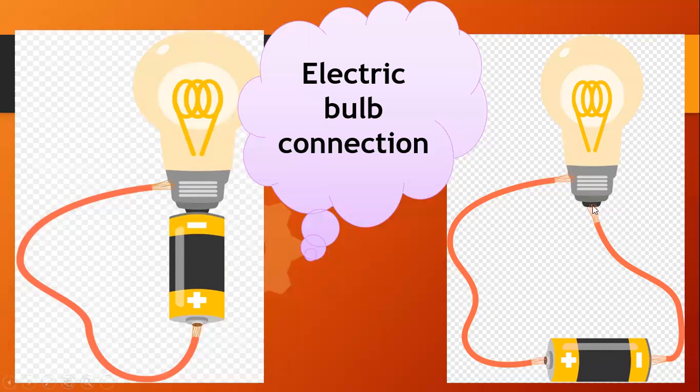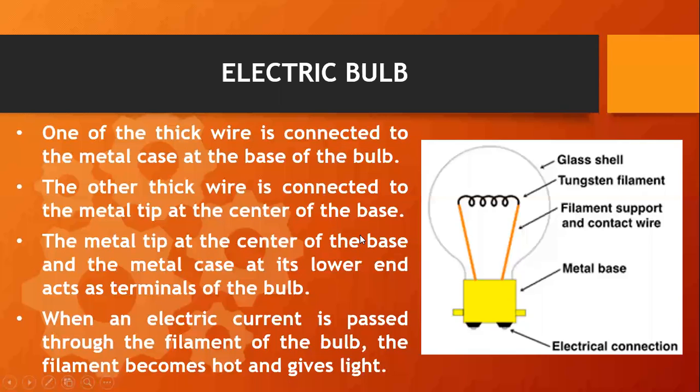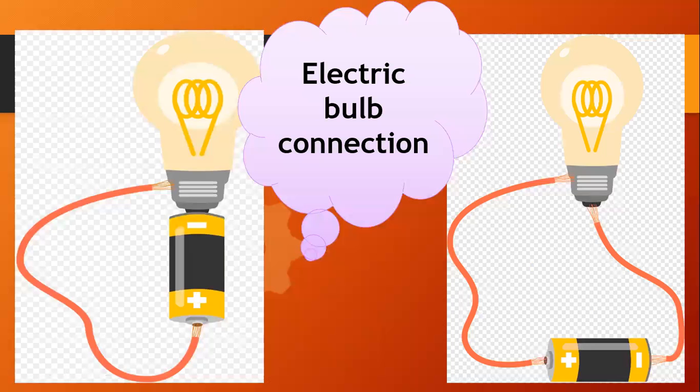You can see that this one end is connected to the negative with the help of a wire, and this positive terminal is connected with the help of a wire to the metallic case of this bulb. So this one will be the one terminal and this one will be the other terminal, and it is connected with the help of a wire. So either of the connections is correct. Okay, so this is how the electric bulb is connected, right? I hope you have understood. In the next video, we will be discussing more about this.